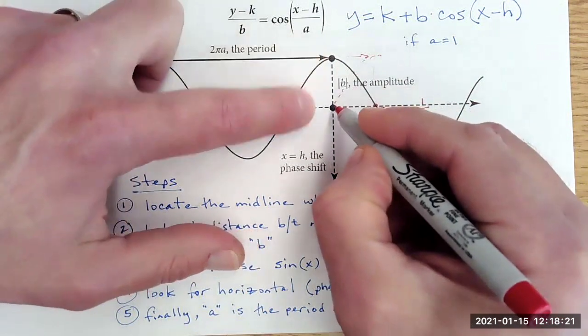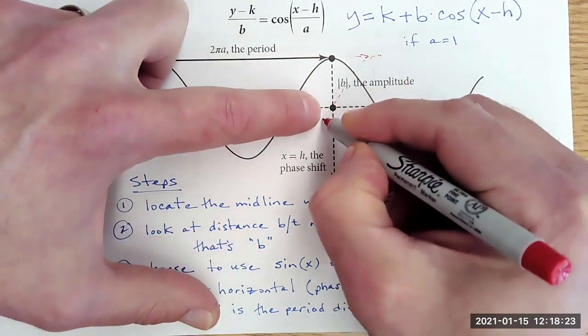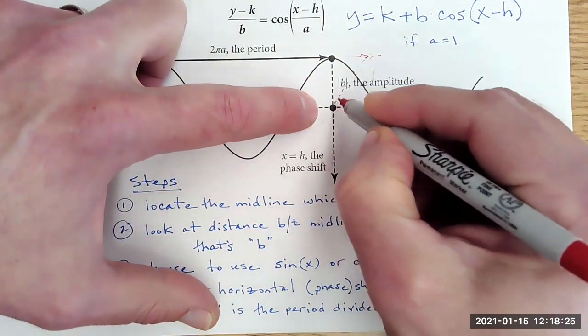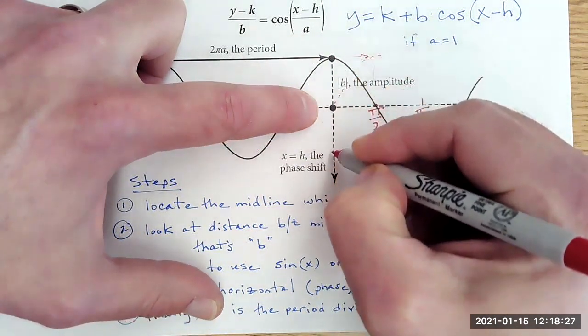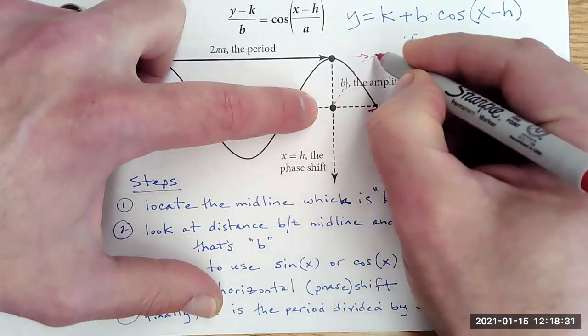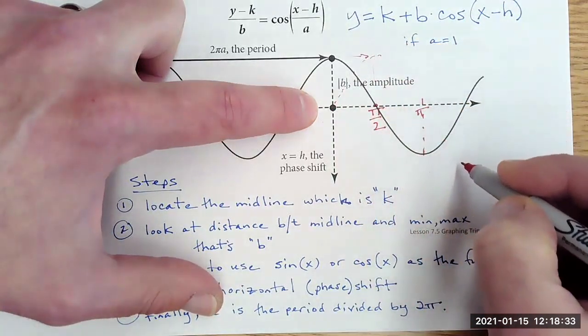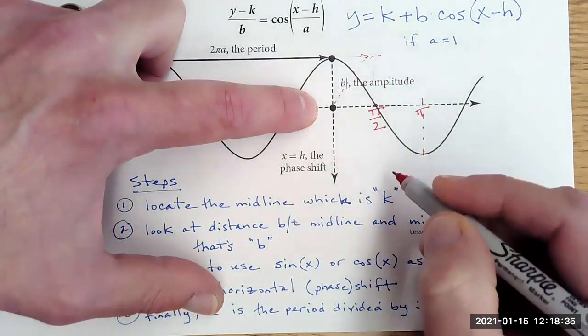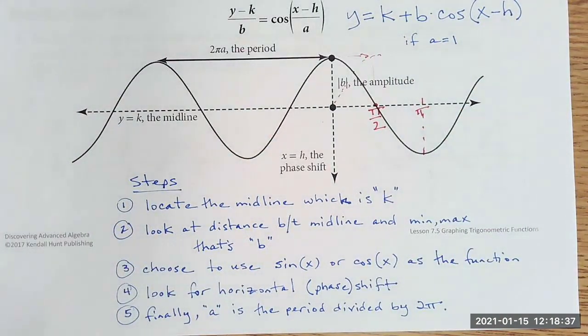If I notice that my graph passes through the origin, or I can shift it down or up to pass through the origin, and it goes up to some maximum, back down to 0 and down to a minimum, then I'm probably going to use sine as my function.